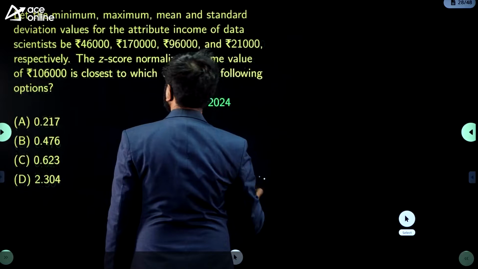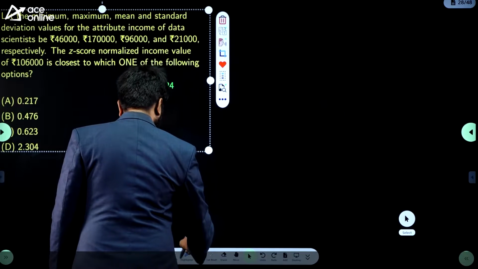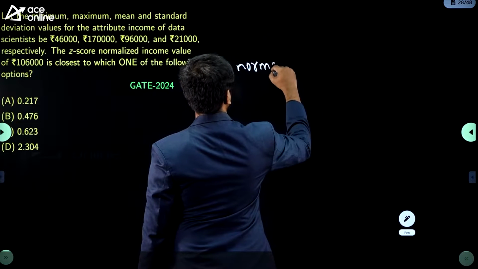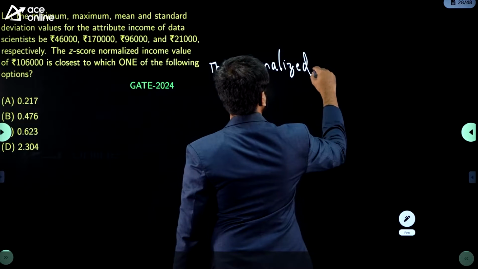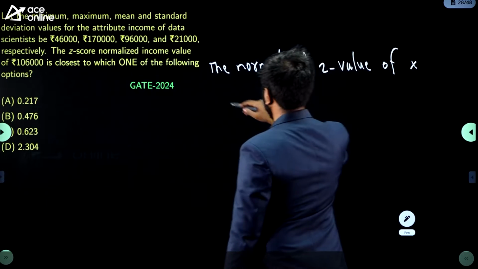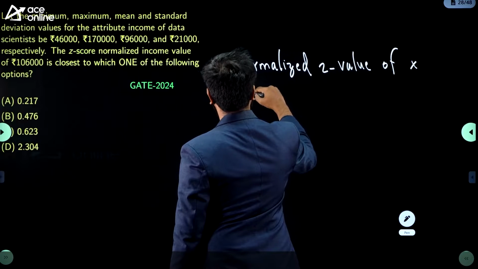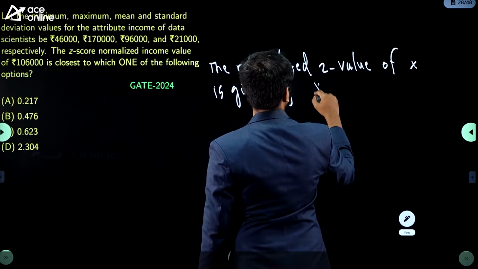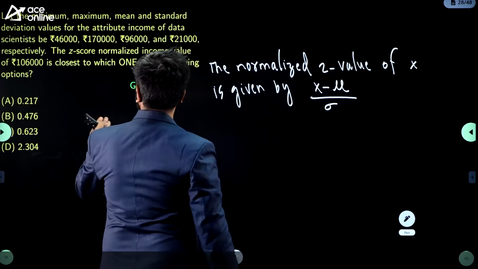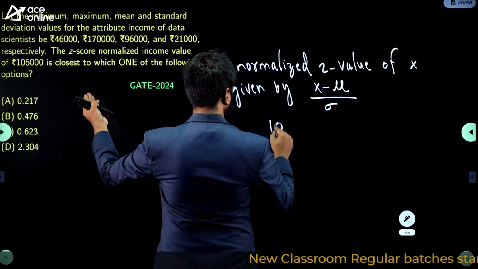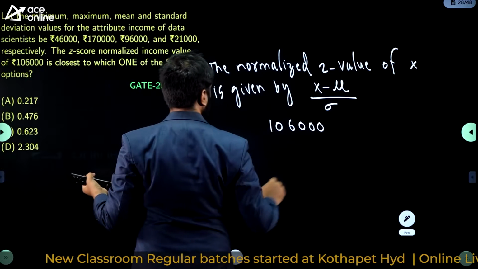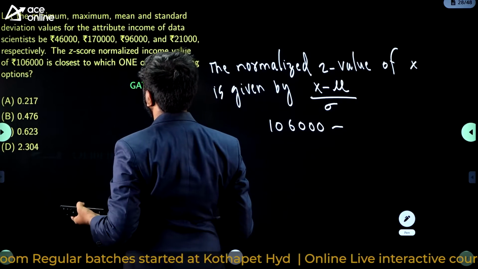The normalized z value of x is given by x minus mu divided by sigma. So what is the observation they gave? They gave the observation 106,000 minus the mean.